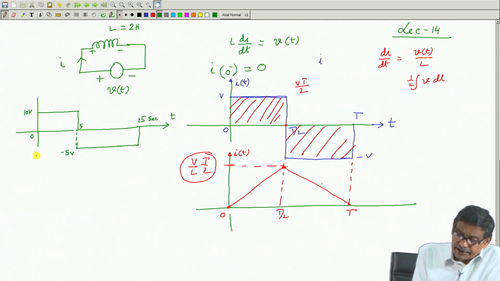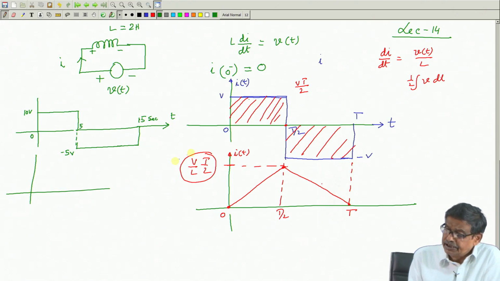Now, you see, and you started the game with initial current 0 in the inductor. Let us try to draw the current waveform.